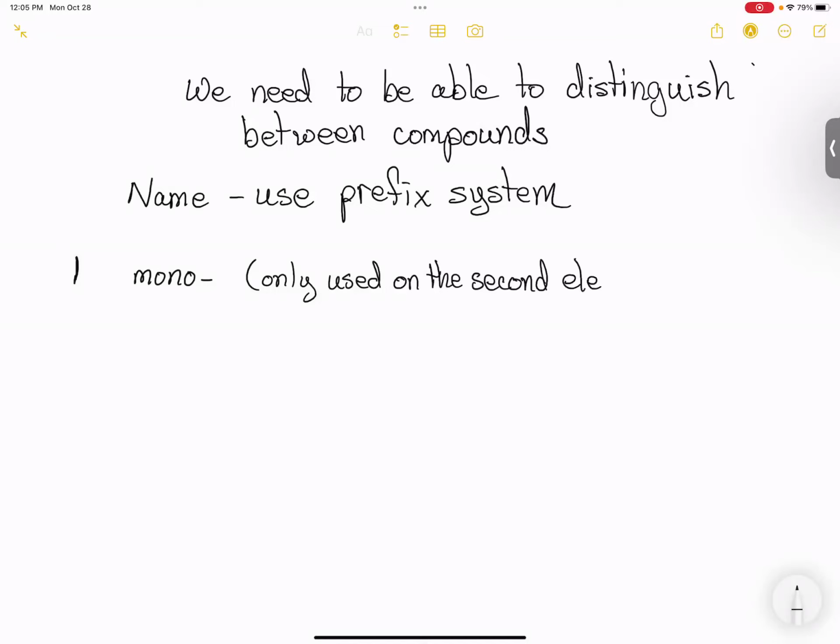We don't need to use mono if there's only one of the first element. Again, you only use mono for the second element. For all of the other prefixes, you're going to use it on the first element and the second element if need be. Wherever you need it, you use it.